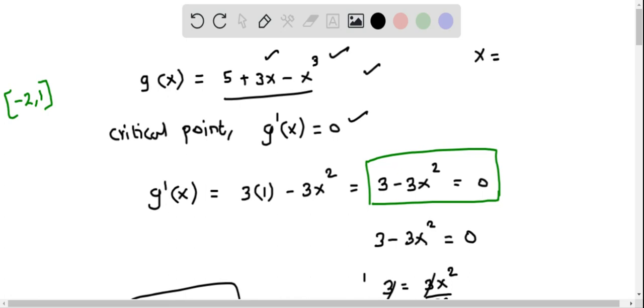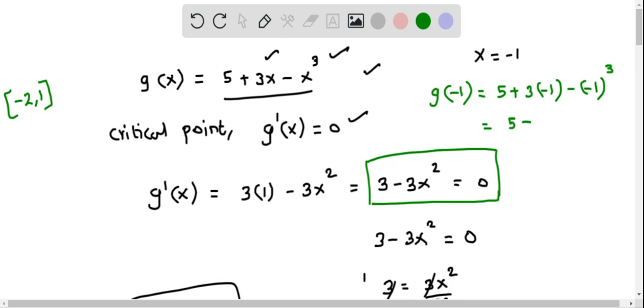We have to plug in x equal to negative 1 into g of x. So we get g of negative 1, and this equals 5 plus 3 times negative 1 minus negative 1 quantity cubed. So this gives 5. 3 times negative 1 is negative 3, and we have minus negative 1 cubed, which is negative 1.